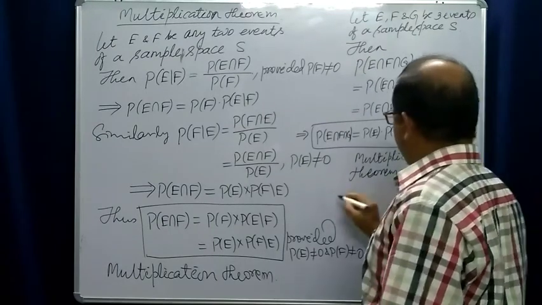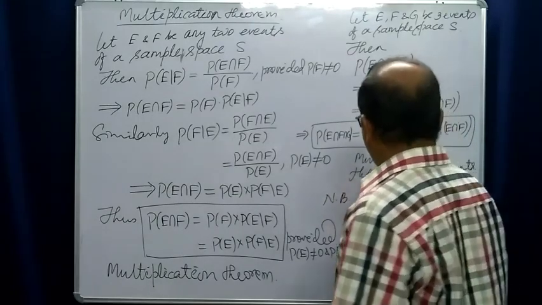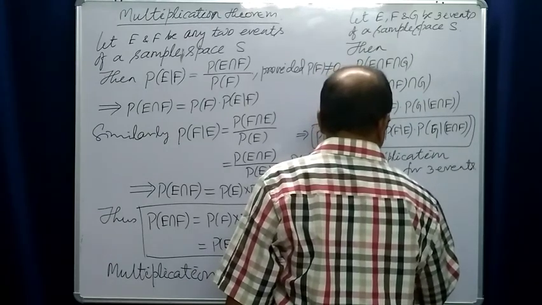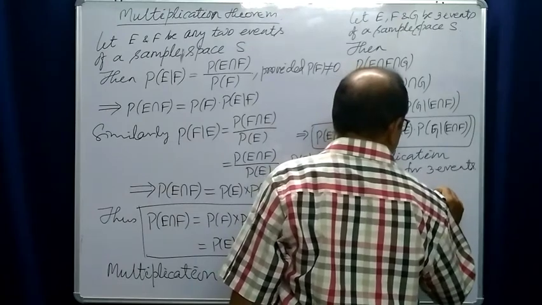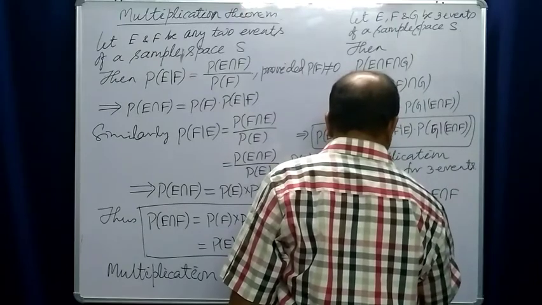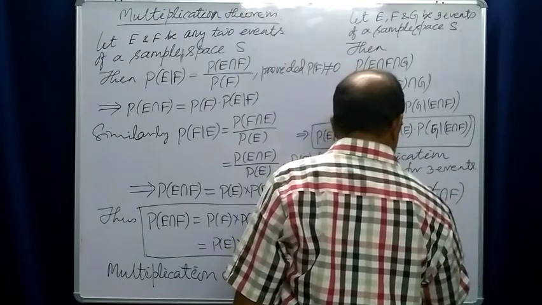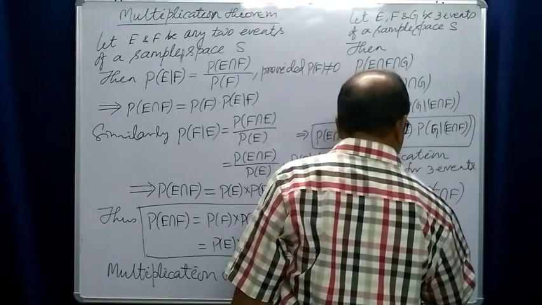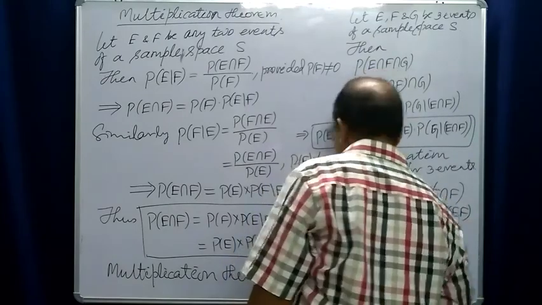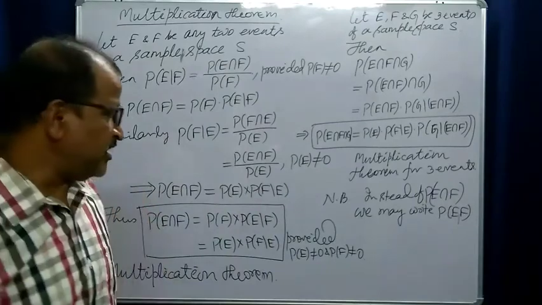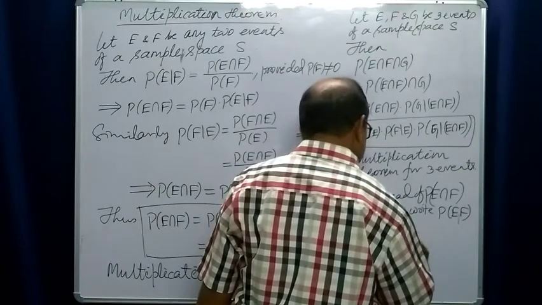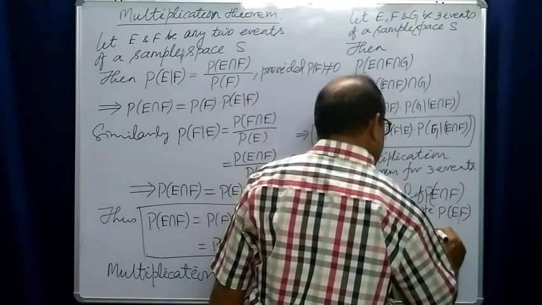Here one thing we have to remember: instead of writing probability of E intersection F, we may write probability of EF, and probability of E intersection F intersection G may be written as probability of EFG.